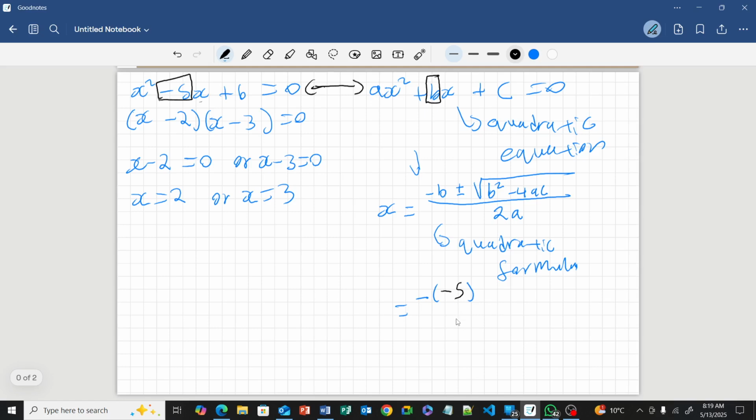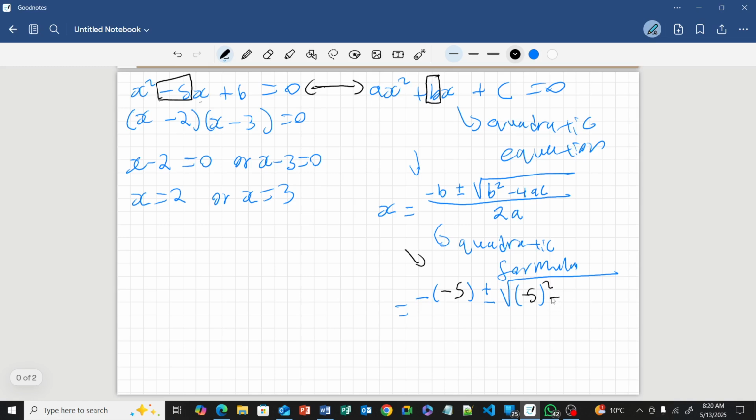Then we have plus or minus the square root of b squared. We already know the value of b because we have substituted it here, which is minus 5 squared. Can you see that my b is inside the brackets? I don't make a mistake.